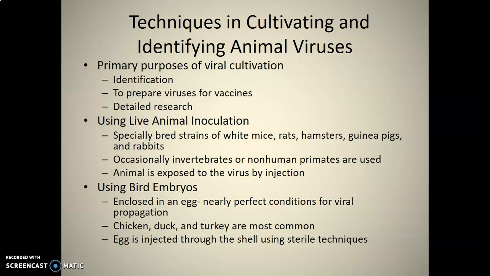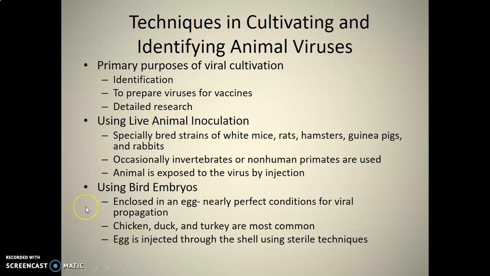It's expensive, they're messy, there's a lot of federal regulations, so not necessarily the most ideal way of doing things. But we can expose animals to a virus, and that virion will perpetuate inside of them, and we can grow multiple viruses that we can study in those host animals.